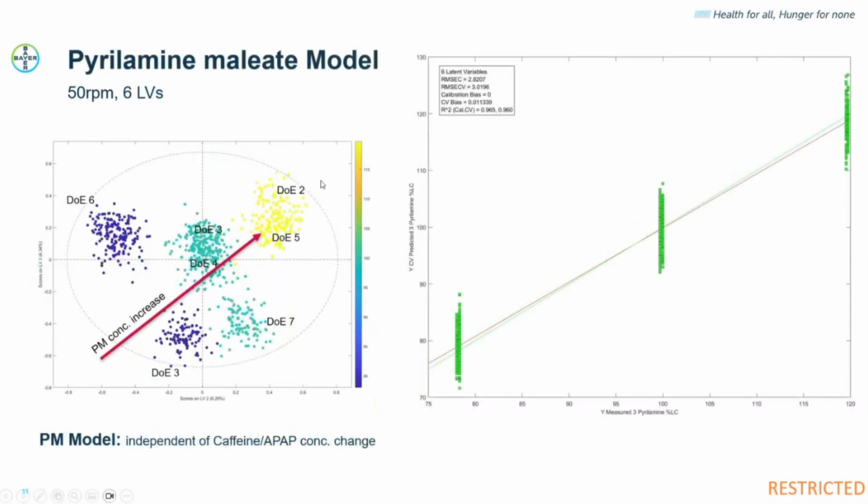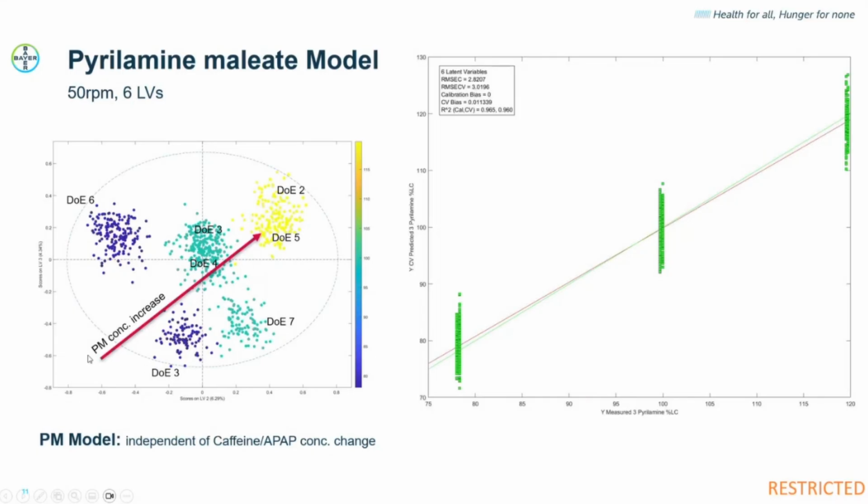For pyrilamine maleate, and this is quite a nice feedback that we got during the trials, we also had the 6 latent variables. We have a root mean square error of calibration of 2.8, and cross-validation is around 3%, which is actually really good.